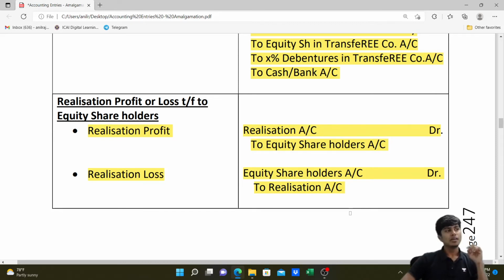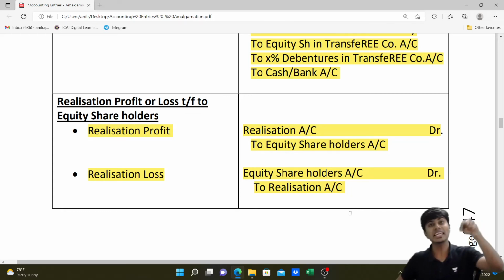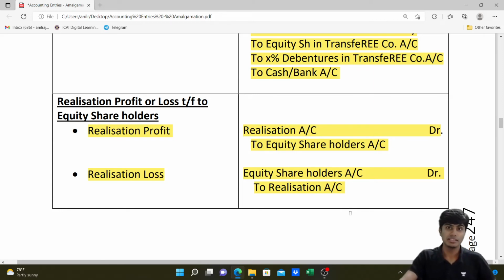But capital was not transferred to realization. Preference share capital we transferred to preference shareholders, gave them PC, and closed that account also. But there is still the equity share capital account and remaining reserves pending. That equity share capital account and the reserves remaining will now be transferred to the equity shareholder account.